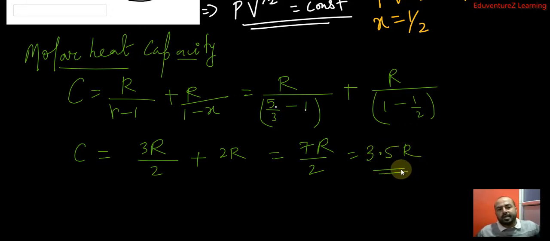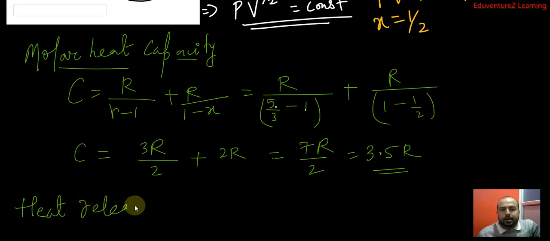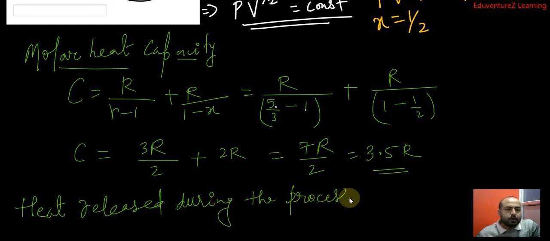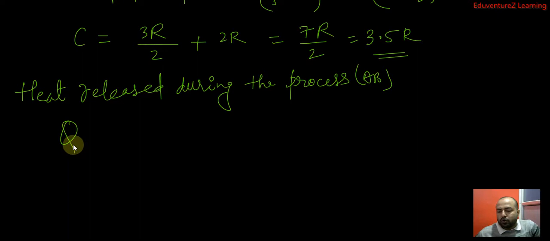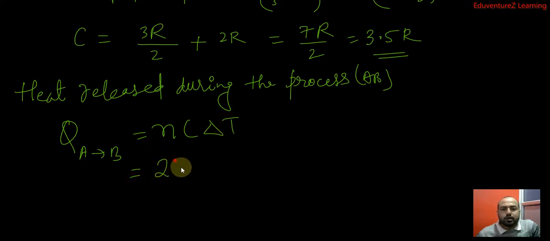Now we know the molar heat capacity, and we have to calculate the heat released in the process AB. For this we use the formula Q_AB equals nC delta T. We have calculated the value of C, so n is 2 moles and C is 3.5 R. And what is delta T?